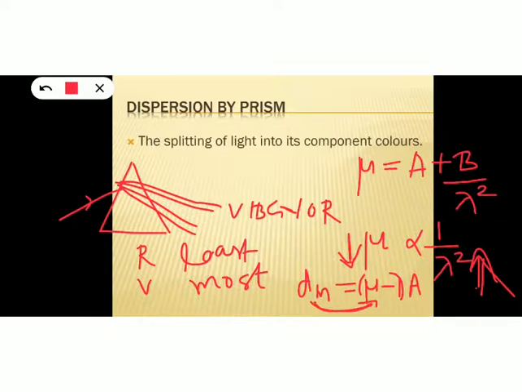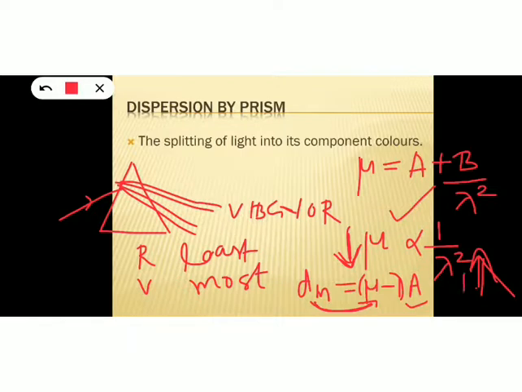And red color has maximum wavelength. So as per this equation, its refractive index will be less, and as per this equation, if its refractive index is less, then its angle of deviation will be less. On the other hand, violet color has minimum wavelength.